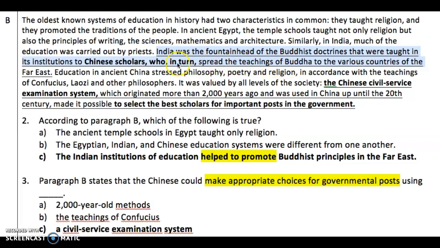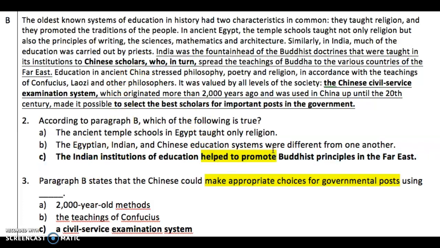Now here, in turn means helped, to promote. So it's not the Indian institutions that did this directly, but they helped it to be promoted. That's how we understand the answer here.